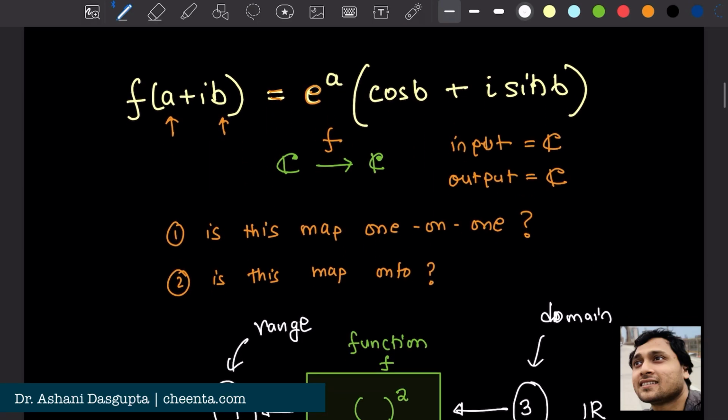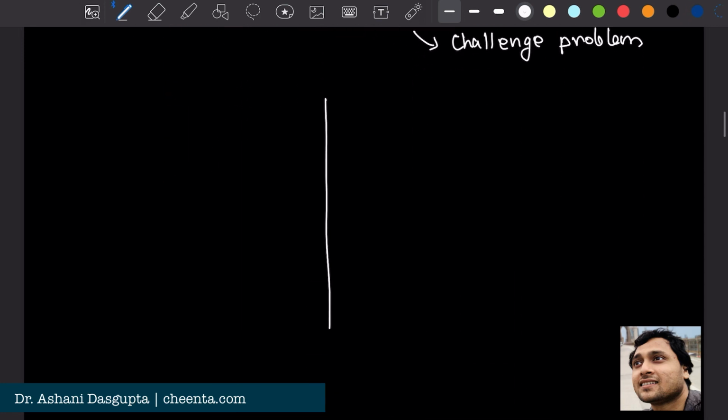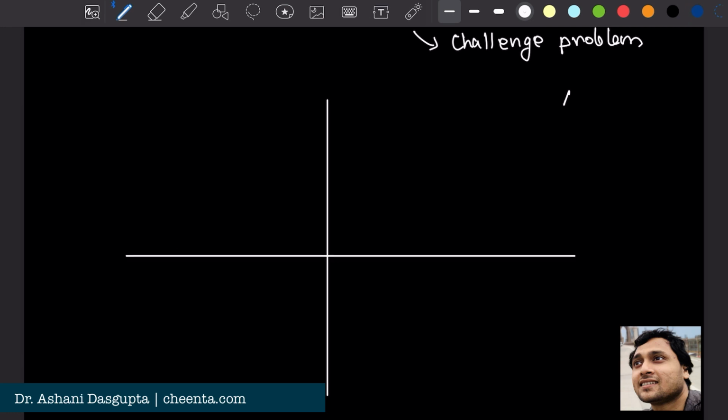The first thing to realize is what is the geometric meaning of this output. Let me draw a picture. I'll draw the XY plane, sometimes known as the Argand plane, where every point can be regarded as a complex number.